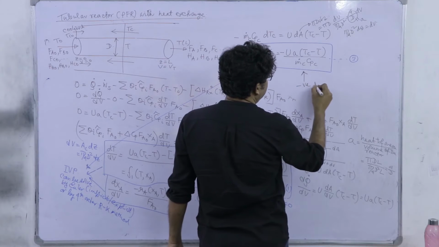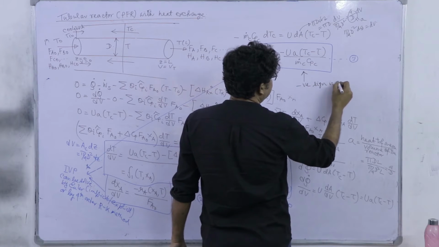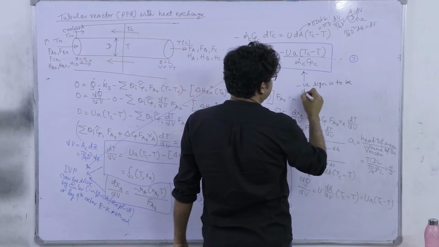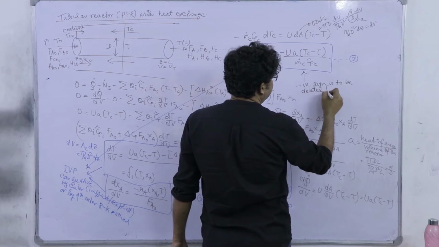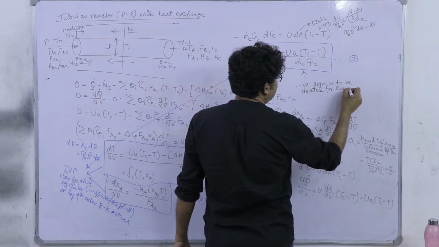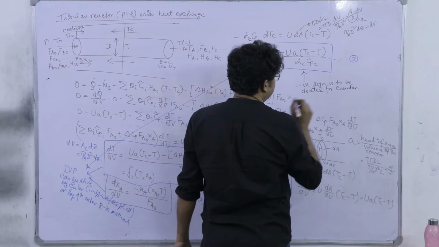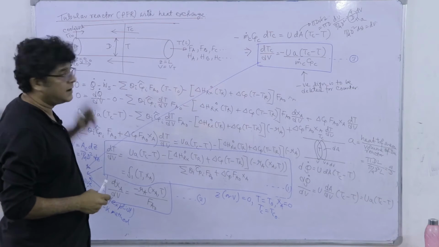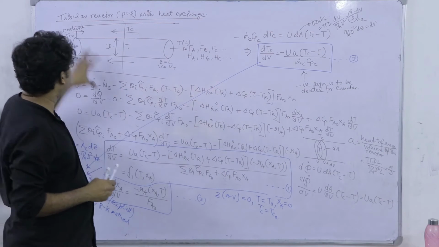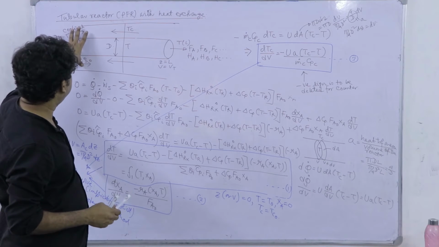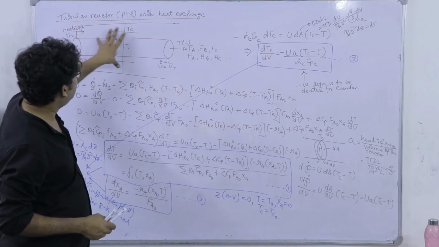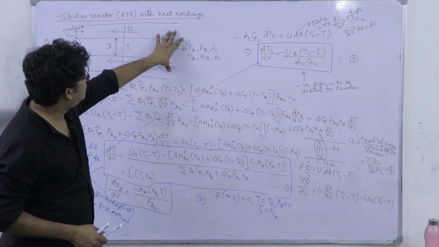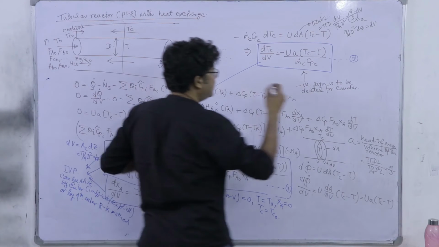The negative sign is to be deleted for counter current. However, there is a problem in boundary condition. Why? Because at this end we don't know the coolant temperature. So we have to assume something, we will solve this and we will check the boundary condition.